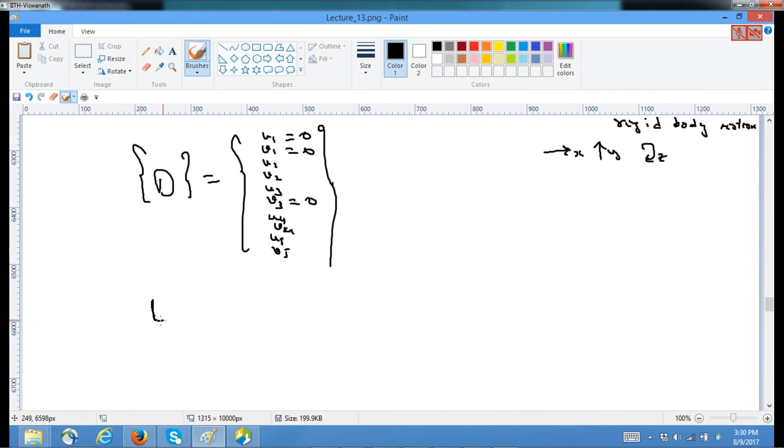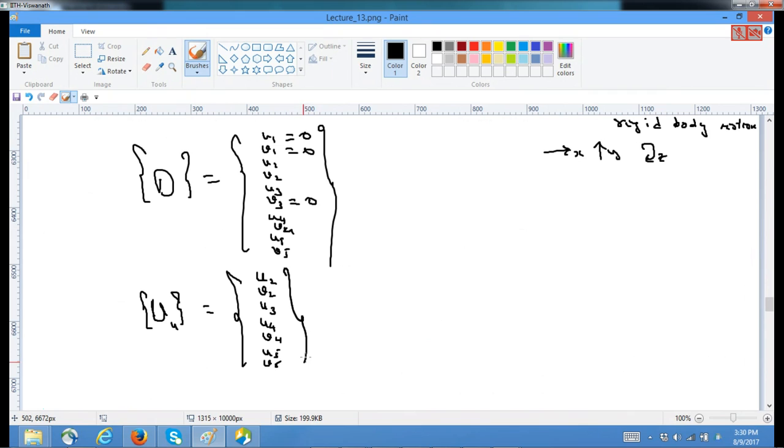So my degrees of freedom unknowns are u2, v2, u3, u4, v4, u5, and v5.